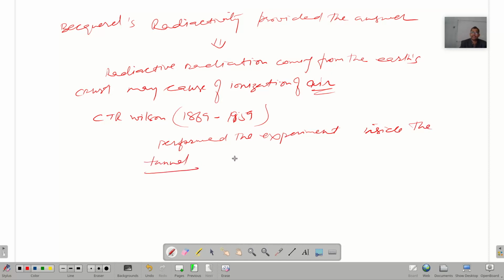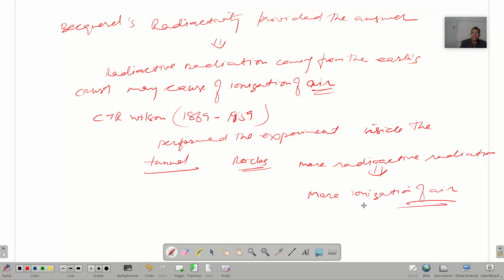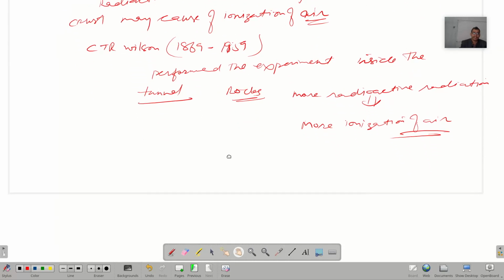As the tunnel is surrounded by rocks, there is a possibility of more radioactive radiation, so there must be more ionization of air inside the tunnel. But this doesn't happen.